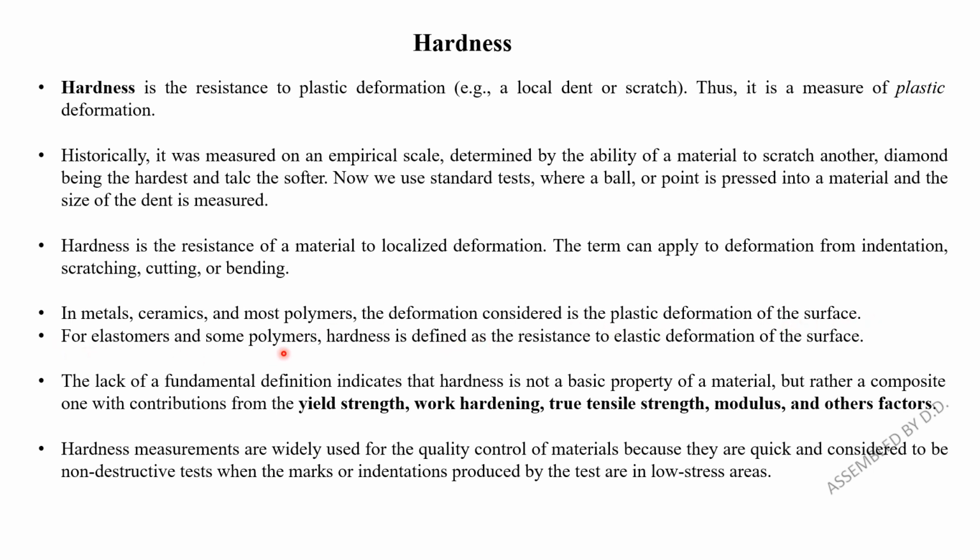For elastomers and some polymers, hardness is defined as the resistance to elastic deformation of the surface. The lack of a fundamental definition indicates that hardness is not a basic property of a material, but rather a composite one with contributions from the yield strength, work hardening, true tensile strength, modulus, and other factors.